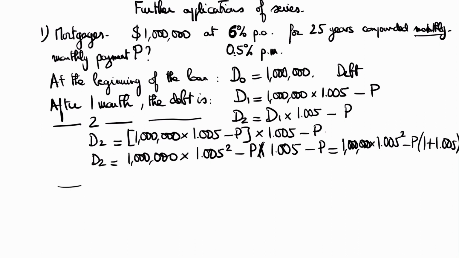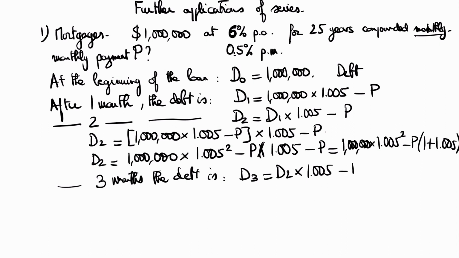Now at the end of month 3. After 3 months, the debt is, okay, so it's D3, so it's calculated from D2, with the debt that I had the month before, so it's D2 times 1.005, and then minus P, the payment that I've done. So, okay, I can simplify that a little bit. Now, you probably wonder, oh, this is getting long and looks like a very complex calculation. Yeah, it looks like it, but actually it's going to simplify massively.